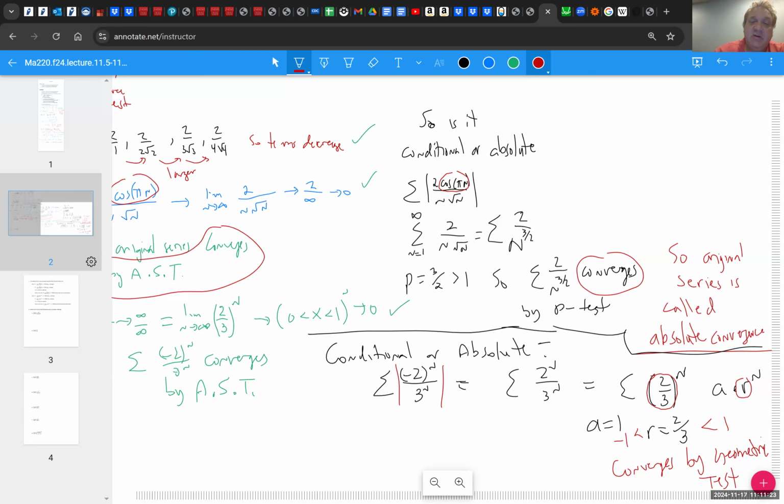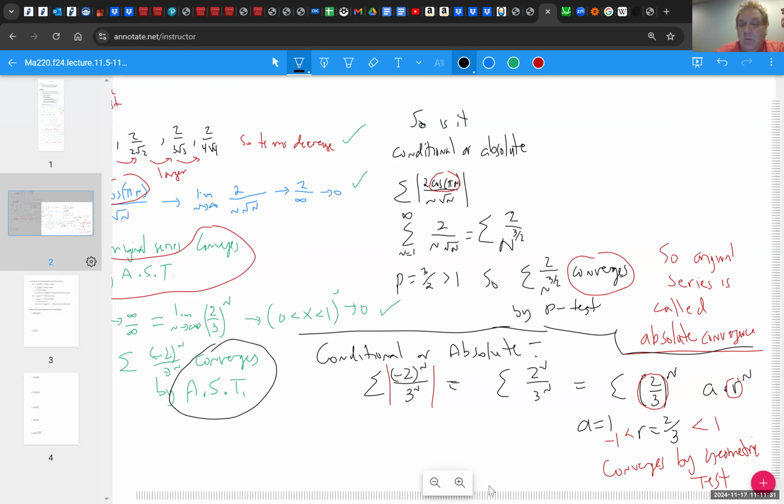So we have an original series that's alternating and converging. When we got rid of all the negative signs, we get a new series which is still converging, in this case by the geometric series test. We get rid of the alternating part and it still converges.